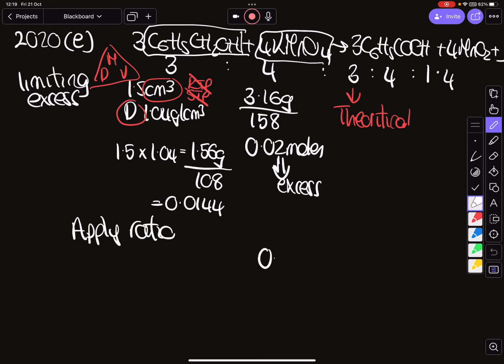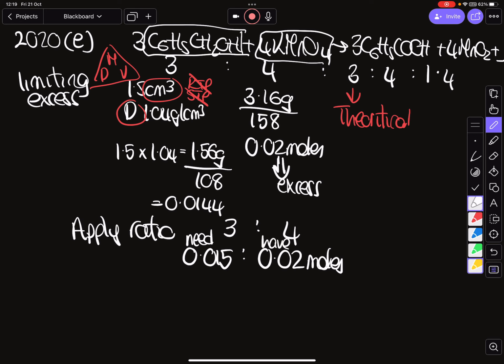Okay, so if I have 0.02 moles of KMnO4, which is 4 equivalents, and I want to find out how much I should have of my phenylmethanol, in terms of a ratio, this is what it is. So this is what I need to use up if I have all of this.